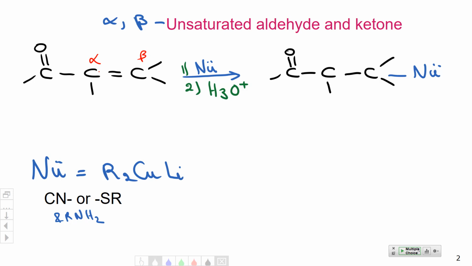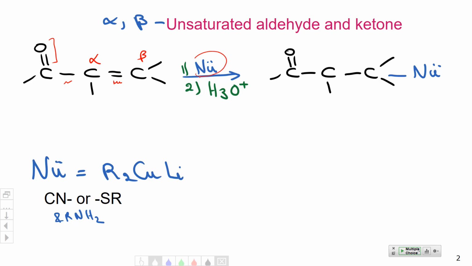Or in other words, the C double bond C is one single bond from the C double bond O. This is what an alpha-beta unsaturated ketone or aldehyde is. This reaction only applies if it is an alpha-beta unsaturated ketone or aldehyde.